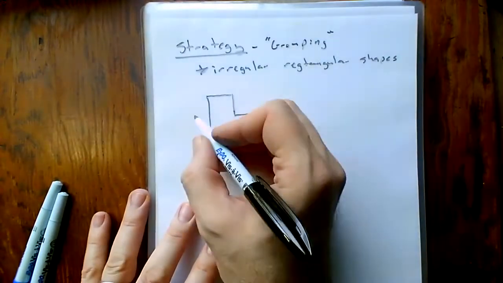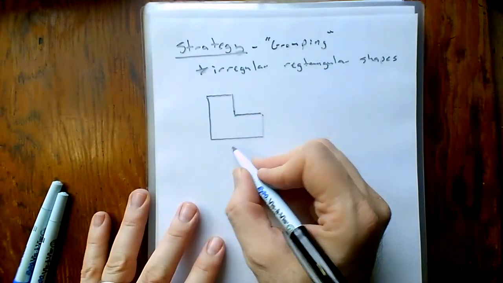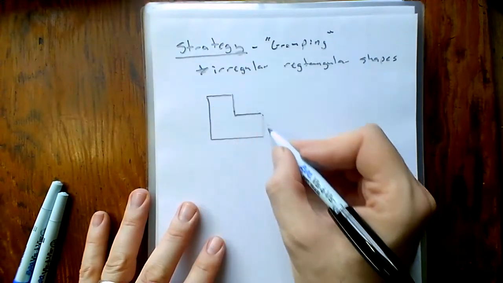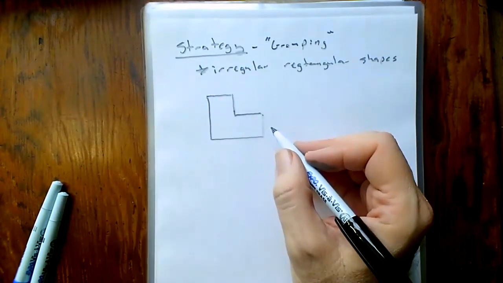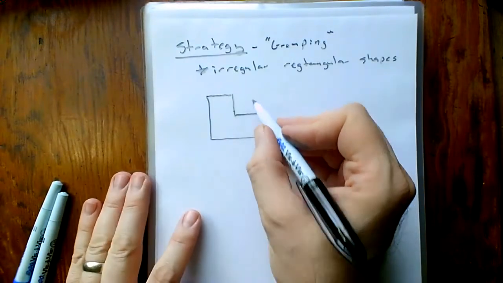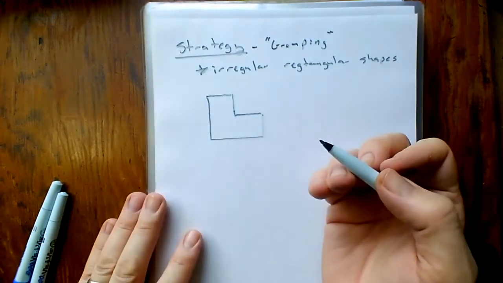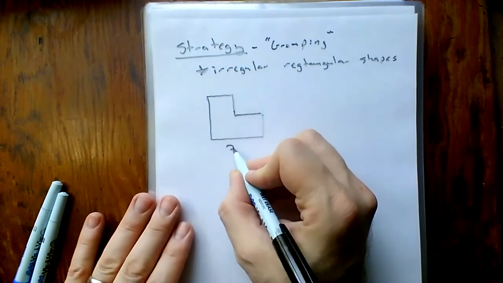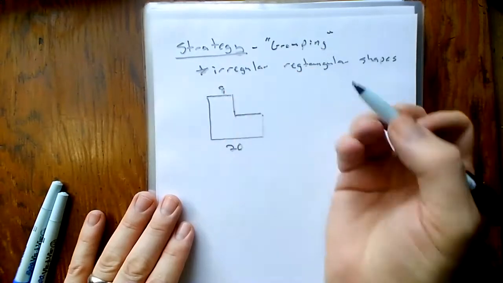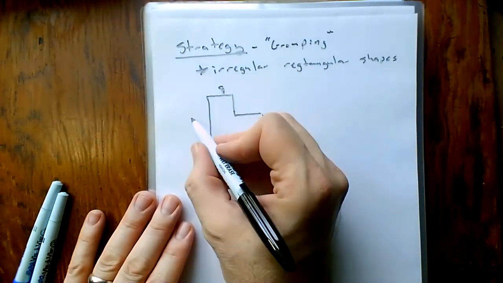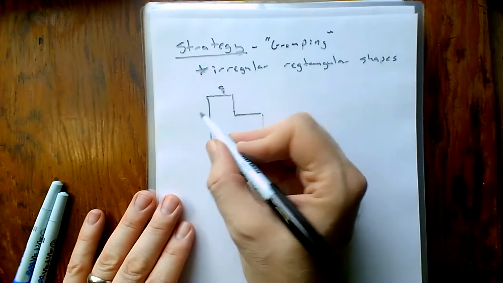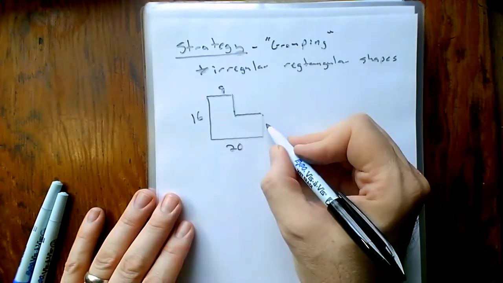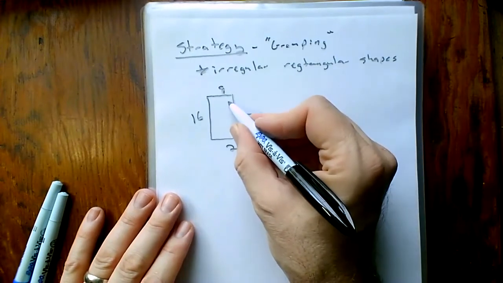Usually what you're going to find is that you'll be given some sort of length and some sort of width here, and then some other information about these other sides. They're not always going to tell you all of the sides. Now, there's a couple things that we could do with this. If I were told that this is, say, 20 and this side is, say, 8, I could be told that this whole side here is, say, 16, and this side right here is 6.